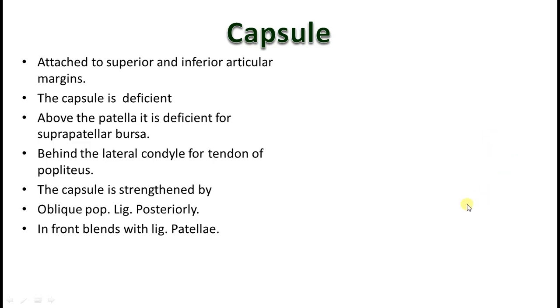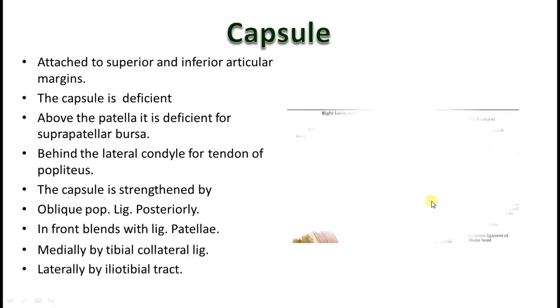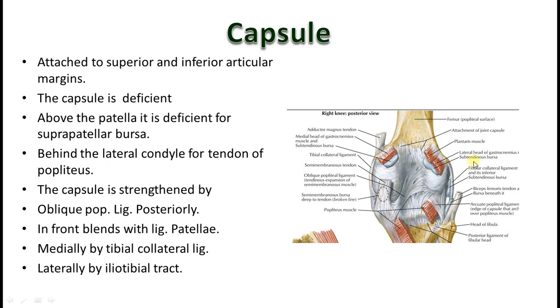The capsule in front is strengthened by the ligamentum patellae. Posteriorly you are able to see the oblique popliteal ligament merging with the capsule. You see the fibular collateral ligament, there is a small bursa, and the tendon of popliteus is also going to intervene between that.